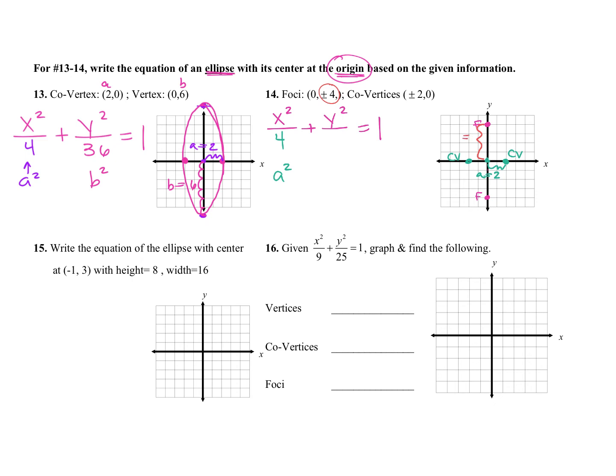So c is 4. For your foci equation, for an ellipse, do you add or subtract? Subtraction. It's always opposite of what the equation is, right? So it's c squared equals either a squared minus b squared or b squared minus a squared. It's always bigger minus smaller for this. And our vertex is going to be up here somewhere and down here. So our b value is going to be our bigger.